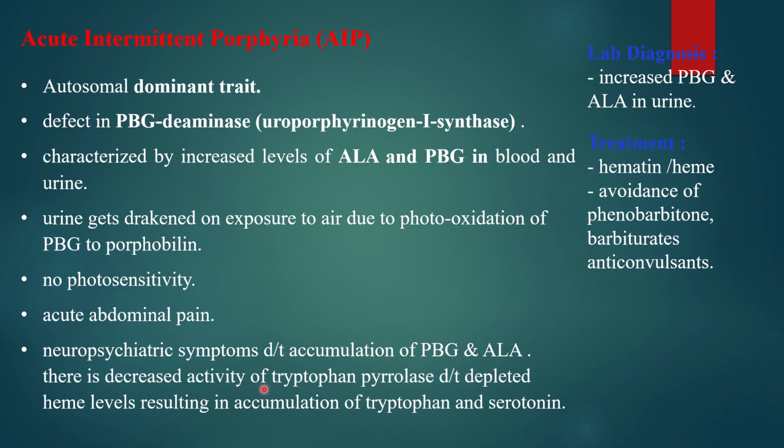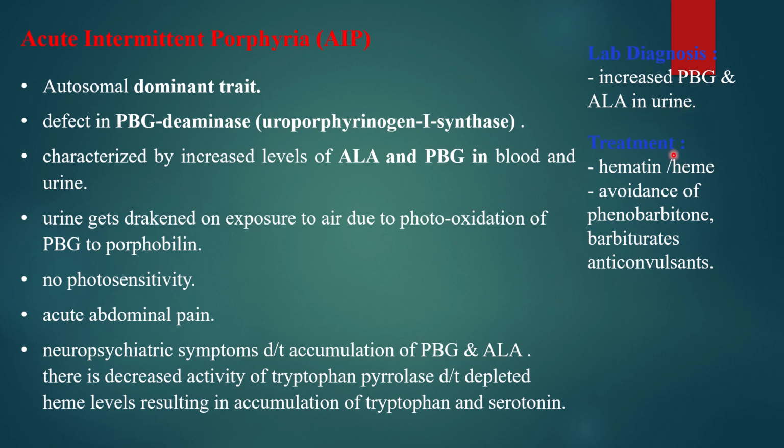There is decreased activity of tryptophan pyrrolase due to the depleted heme level, resulting in accumulation of tryptophan and serotonin. Nerve conduction is also affected due to the severe accumulation of PBG and ALA. Lab diagnosis can be done by estimating the increased level of PBG and ALA in urine.